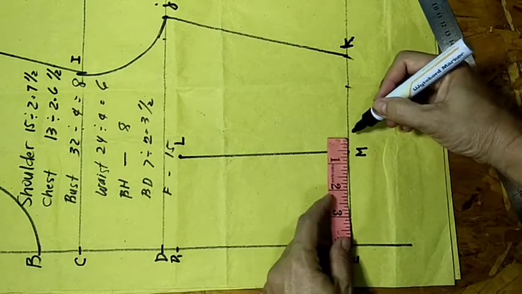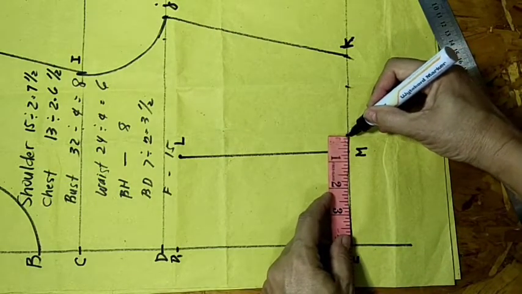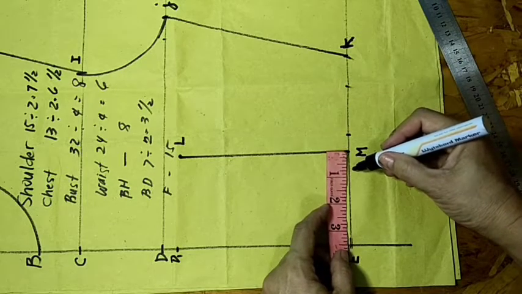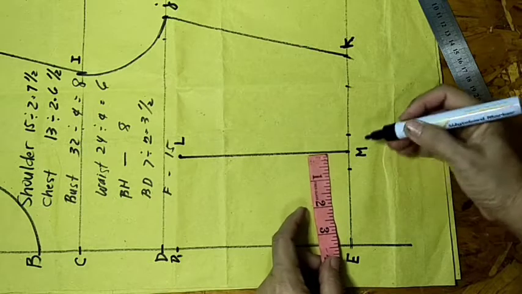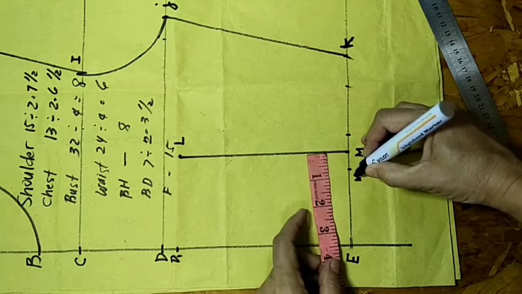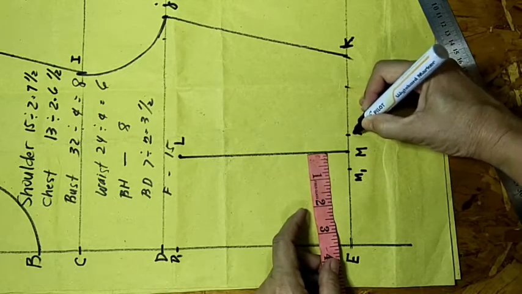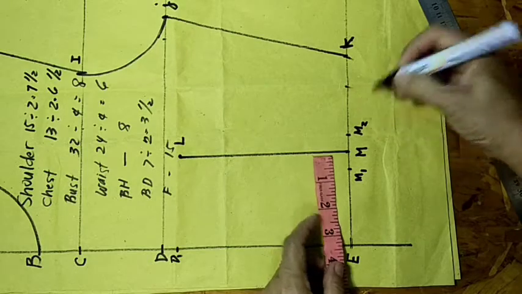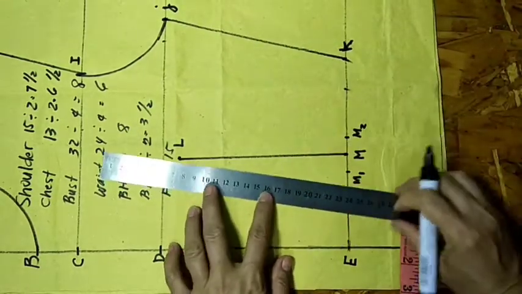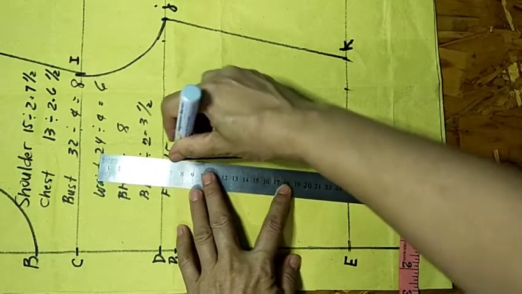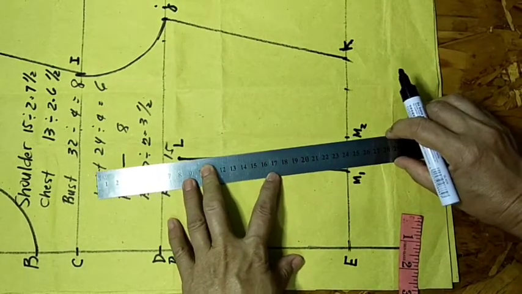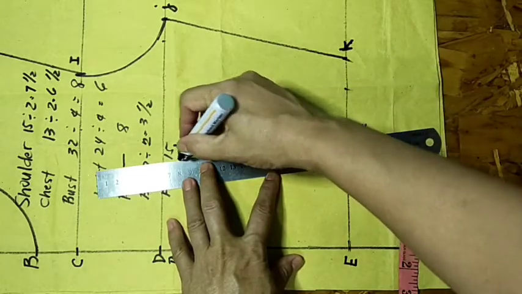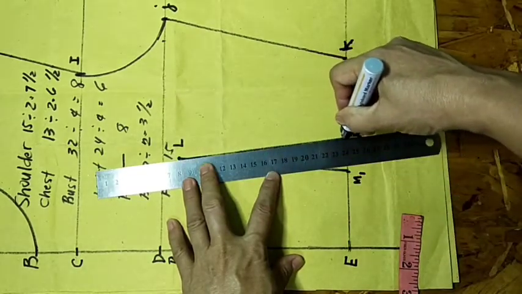In between M, doon, at saka dito, get 5/8. So, ito'y magiging M1, M2. Then, you are going to connect L to M1, going to M2 to form your dart.